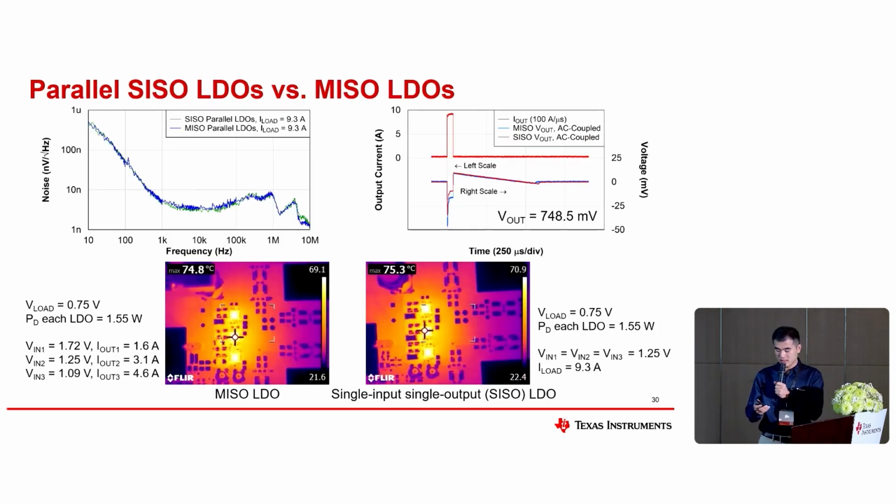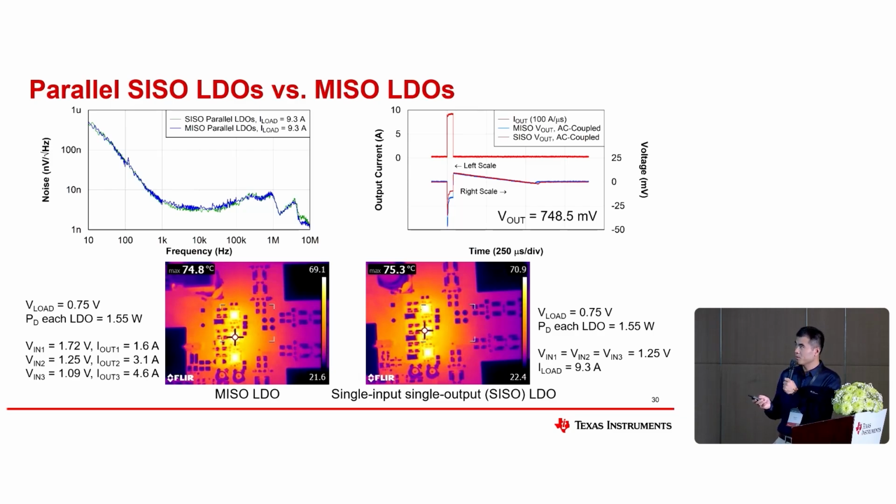So this is the performance of the parallel single input, single output versus the multiple input, single output. For the noise, we haven't seen a lot of impact from 10 Hz to 10 megahertz. But for the thermal side, we need to care. On the right, the input source is the same, and the load current is up to nearly 10 ampere.